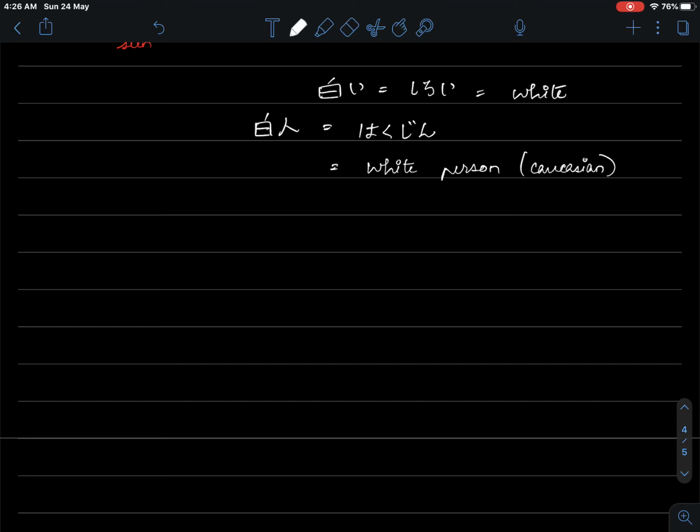If you don't know what Caucasian means, look it up. Okay, this is going to be read as hakujitsu. So you're talking about a day which is bright enough to be white, or you're talking about broad daylight, basically. Okay, next word.